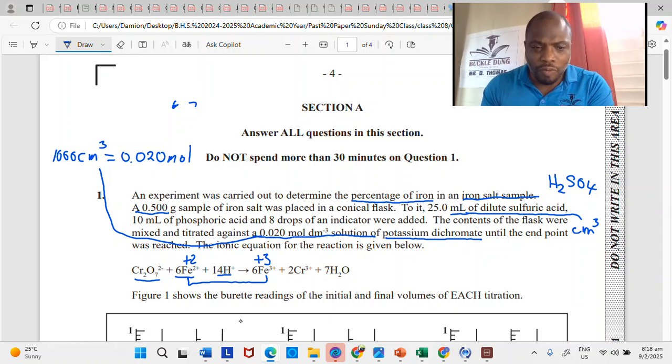Now, anybody can quickly work out the oxidation number for the dichromate here. So what is the rule? We know oxygen is always -2 unless it is in a peroxide, and it is not in a peroxide right now.